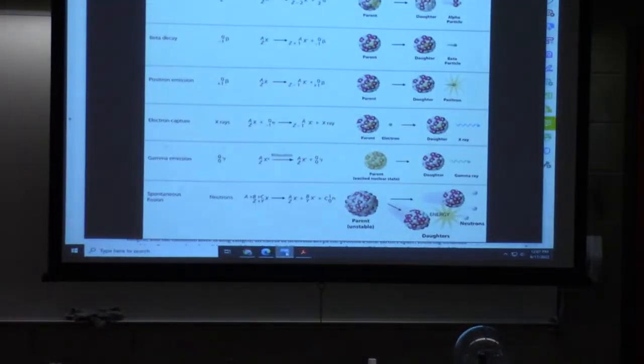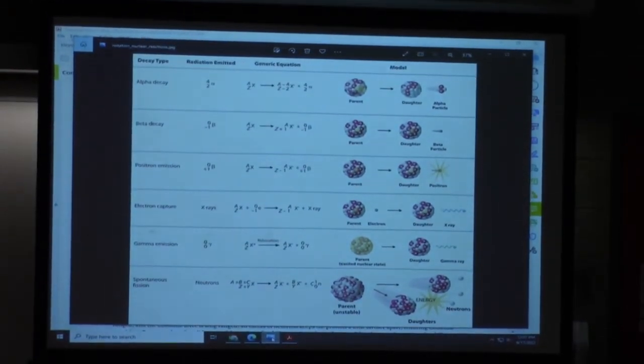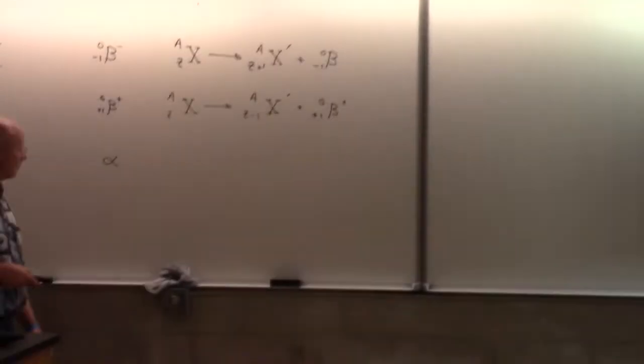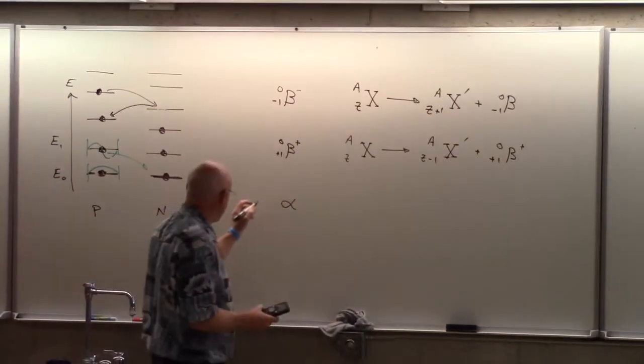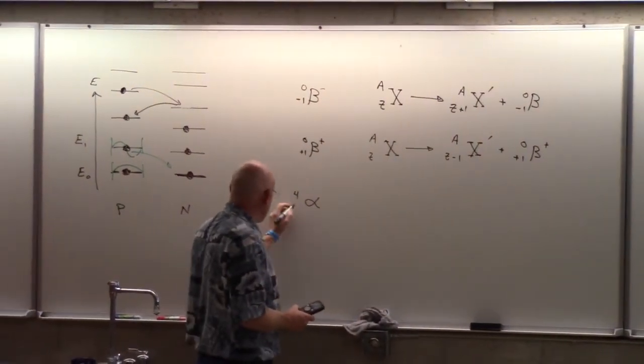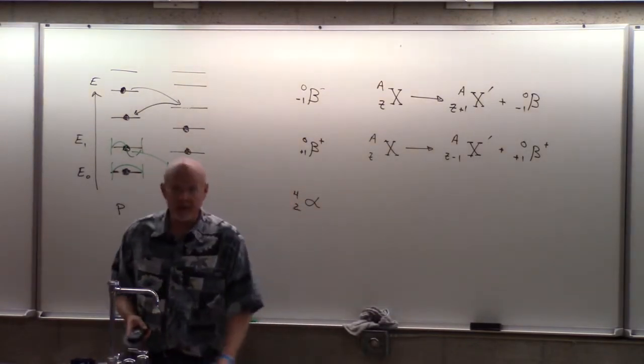Now, let's go and say, well, what is an alpha decay? And so this first one listed is what we called alpha. You probably should learn that an alpha particle is a total of 4 nucleons and 2 protons. That's the same as a helium nucleus.